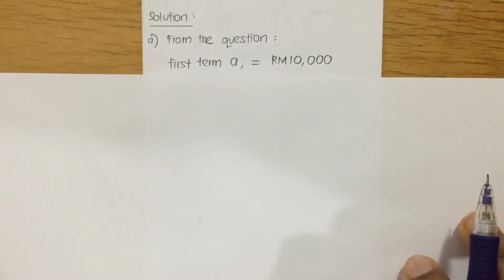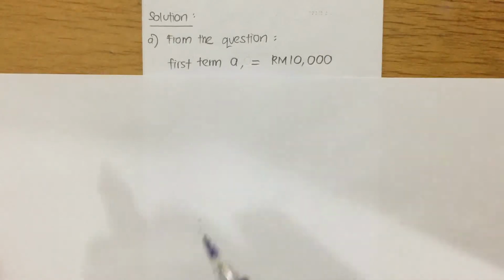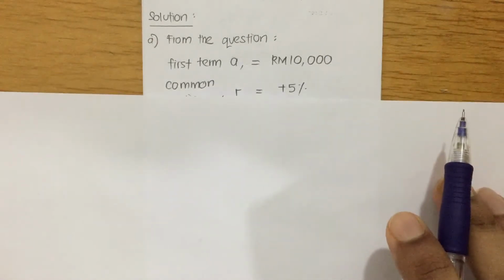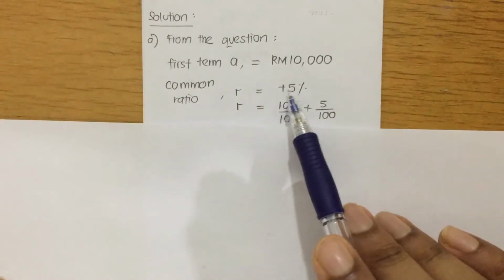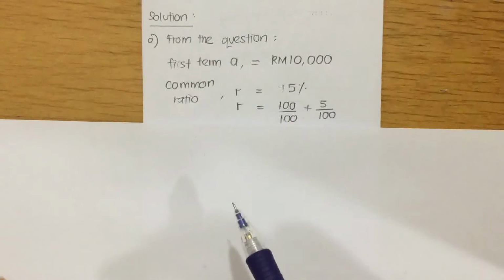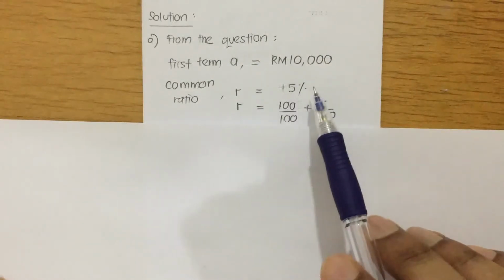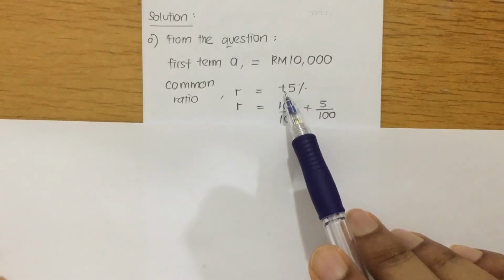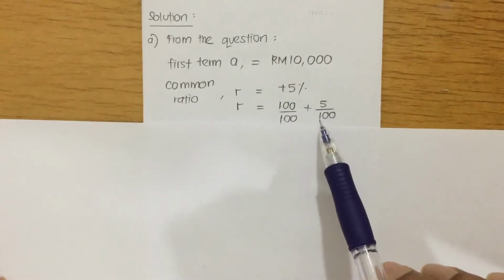So from the question, the first term a is 10,000 ringgit. The common ratio is given as 5%, which is the interest rate. So this 5% we can express in terms of fraction, guys, since they are saying that 5% is an increment. 5% of increment we can write as 100 over 100 plus 5 over 100.